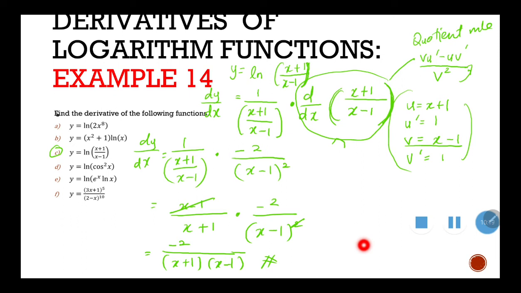Okay, and this x plus 1 over x minus 1 can be rearranged like this, right? x minus 1 on the top, x plus 1 on the bottom, times minus 2 over x minus 1 square. So x minus 1 square can be crossed, and the final answer should be like this. Okay, so now we're moving on to the next question.